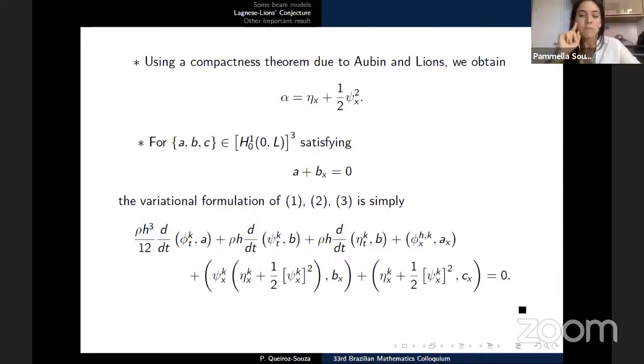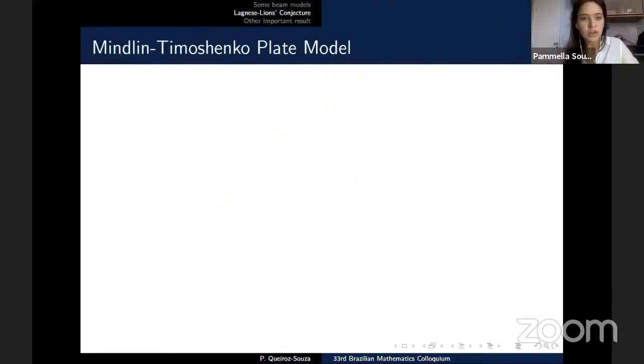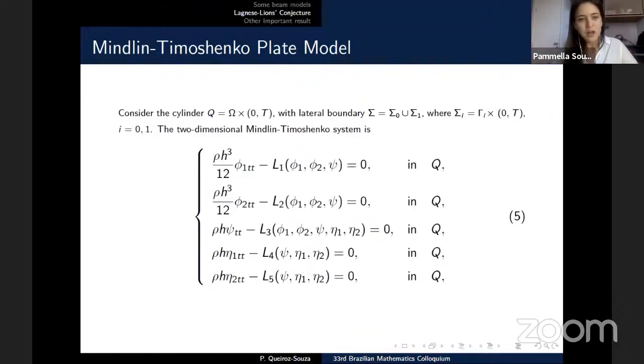But we must remember that the conjecture was proposed for the bidimensional case. And so now I will present the Mindlin-Timoshenko plate model. Here we need to consider the cylinder Q equal to omega times (0,L). Here, omega is a subset of the plane and T a positive time, with lateral boundary sigma.